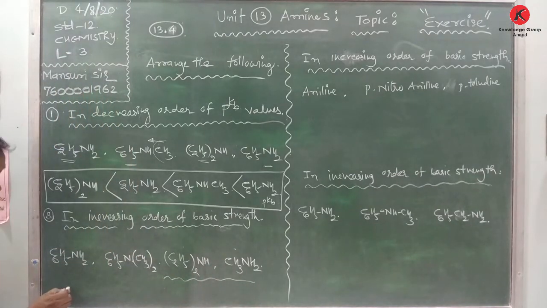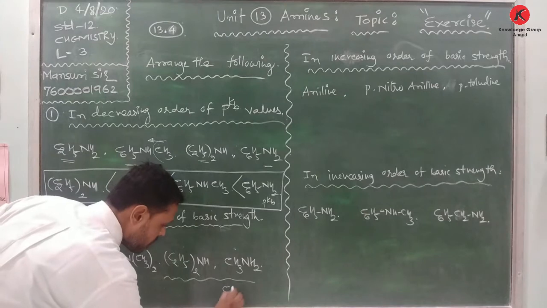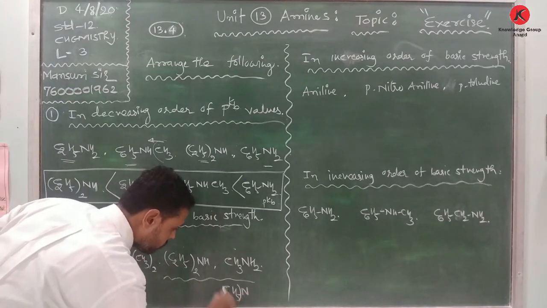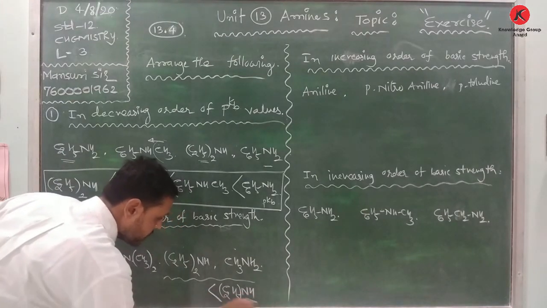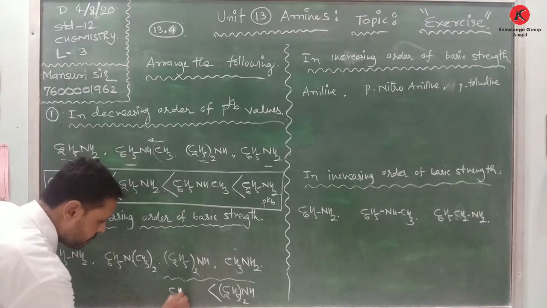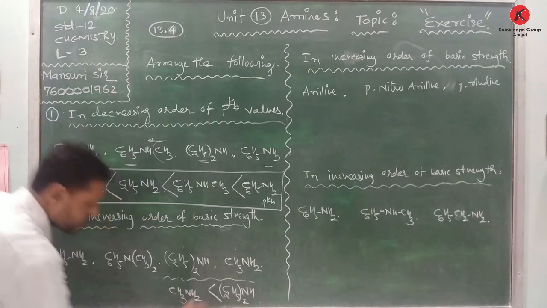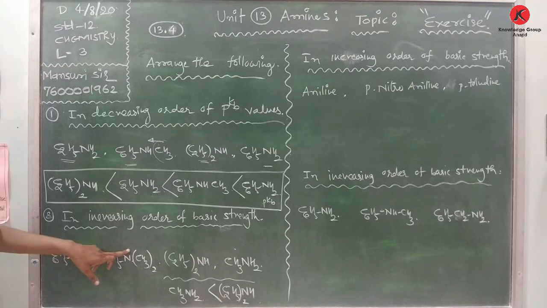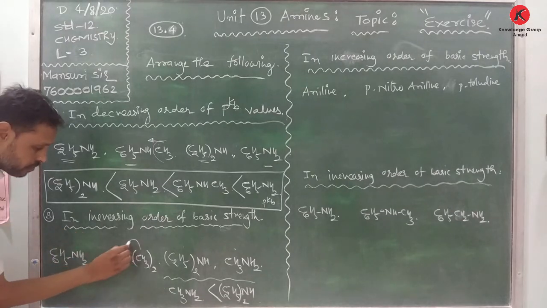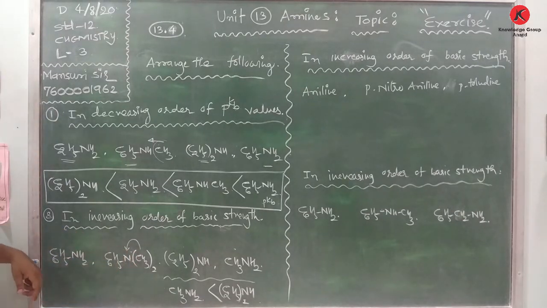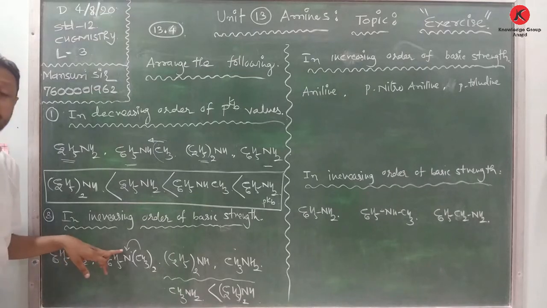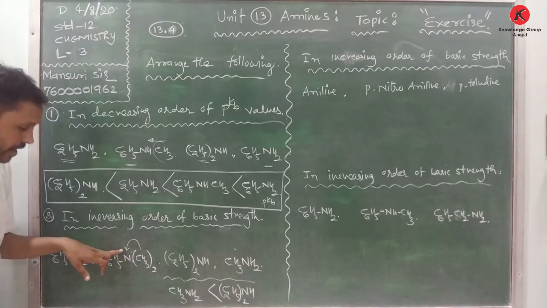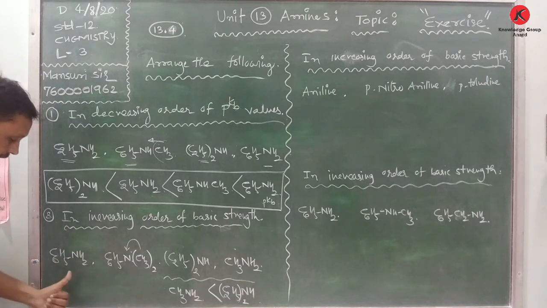So I will write over here (C2H5)2NH, which is more basic than methylamine. Now, in these two, here aniline, here N-methylaniline is more basic because the methyl group, which is an electron donating group, gives electrons to nitrogen. That is why this is more basic than aniline.